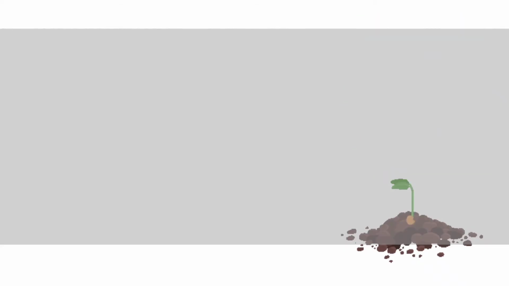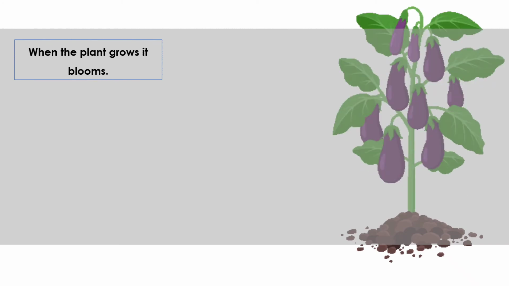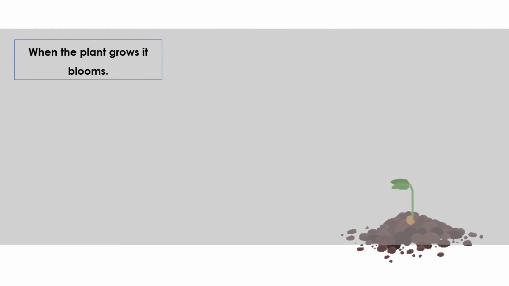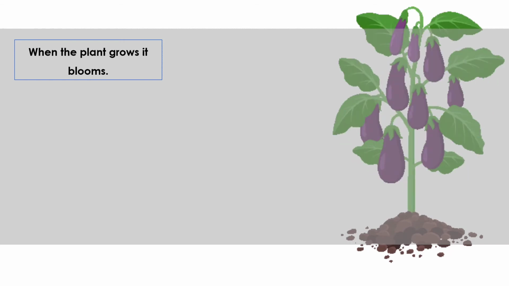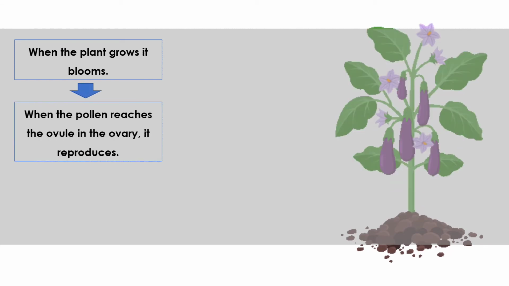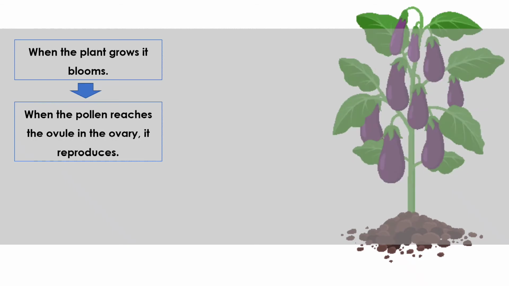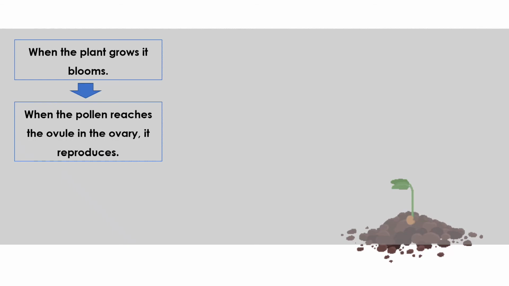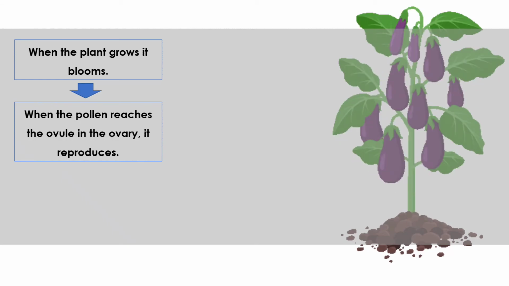Okay class, remember this one. When the plants grow, it blooms. When you say blooms, it means it has a flower. It's beautiful. Next is when the pollen grain reaches the ovule, which is found in the ovary of a flowering plant. So that's the time the plant will reproduce.